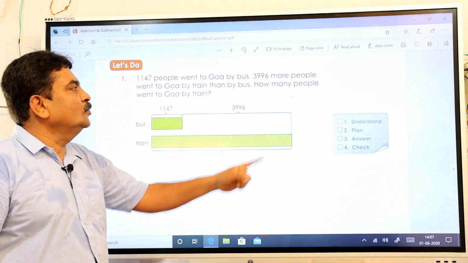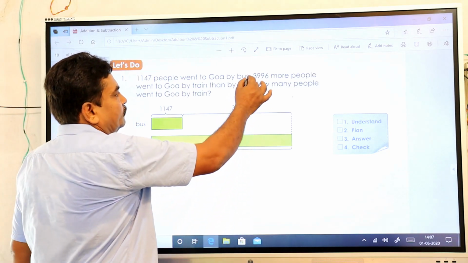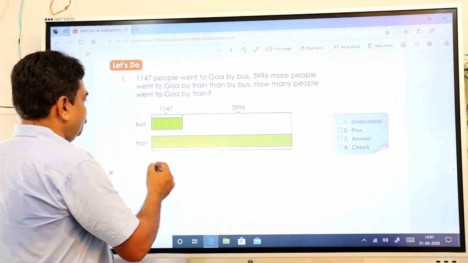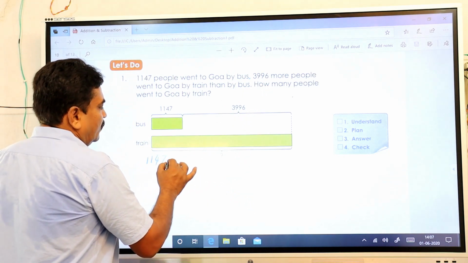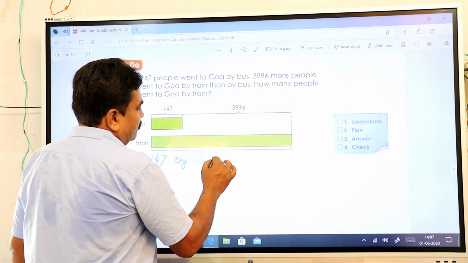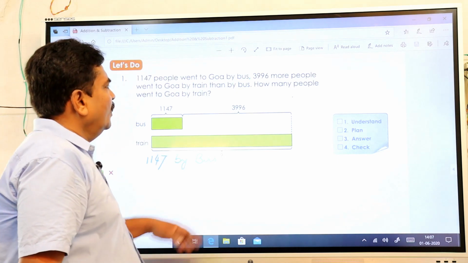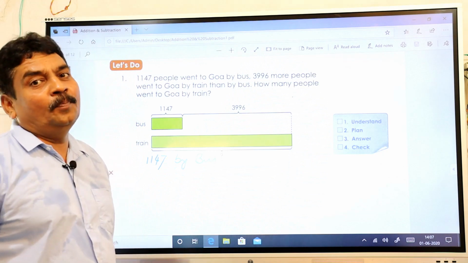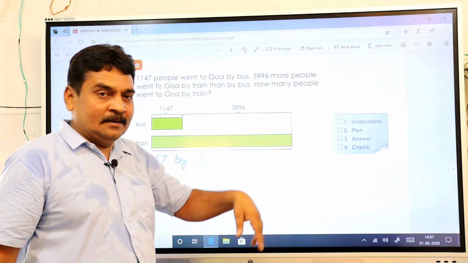1,147 people went to Goa by bus. Full stop here. Write that down as the first statement: 1,147 by bus. 3,996 more people went to Goa by train than by bus.